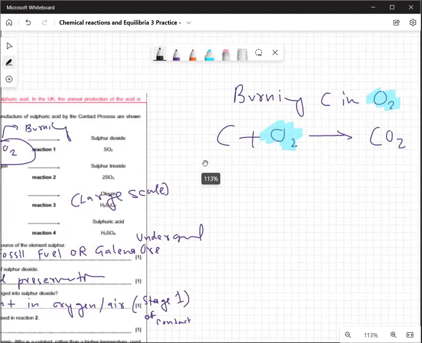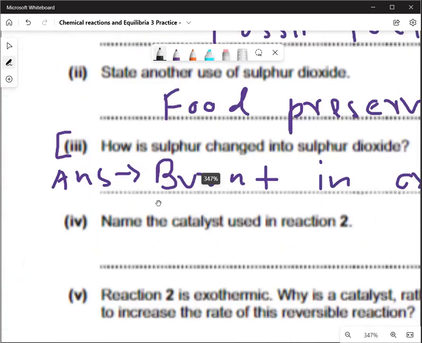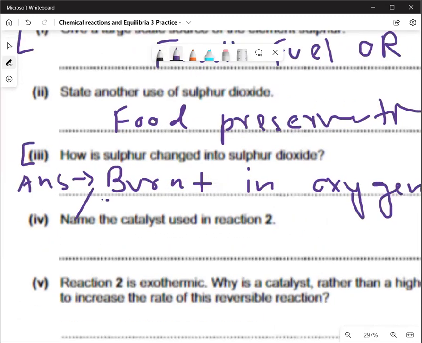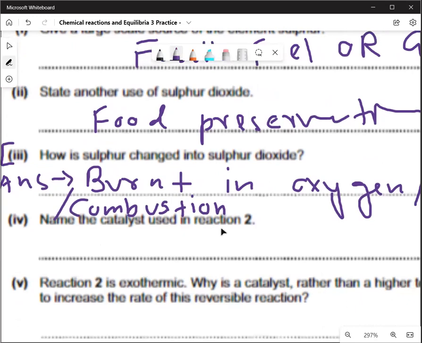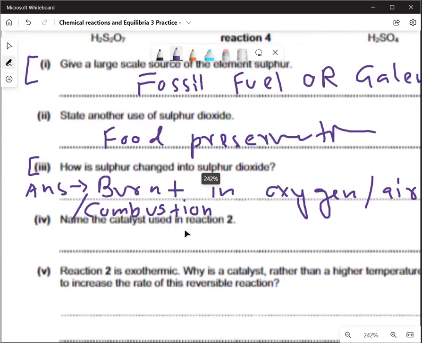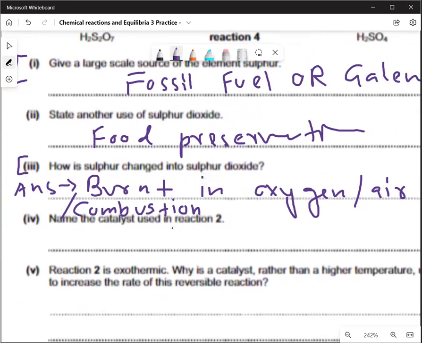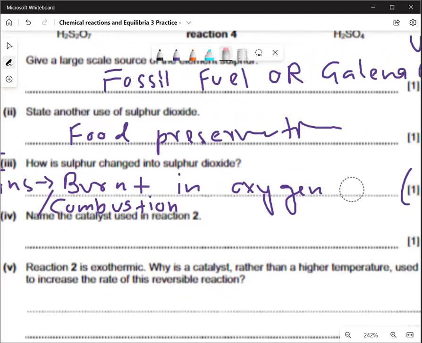Now, just write one more thing here, which is combustion. Because this is the exact word. Combustion. And in the exam, you should also write combustion in oxygen. Forget air from here. Remove air.